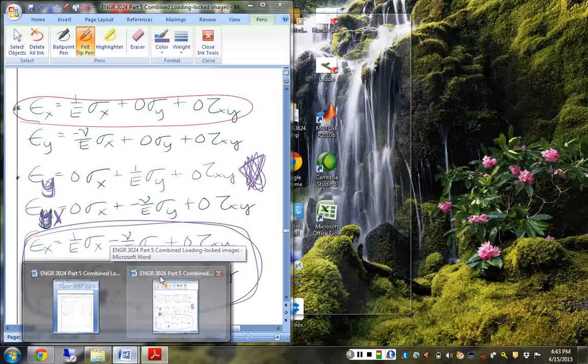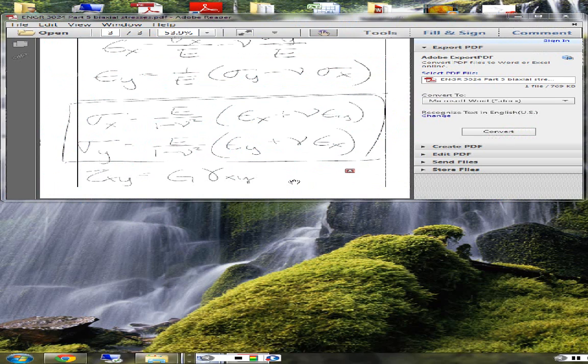Okay, so I do want to do one problem that's sort of a forward problem, saying here is the stress, what are the strains? Now watch, it's going to goof up again. Of course. Come on.